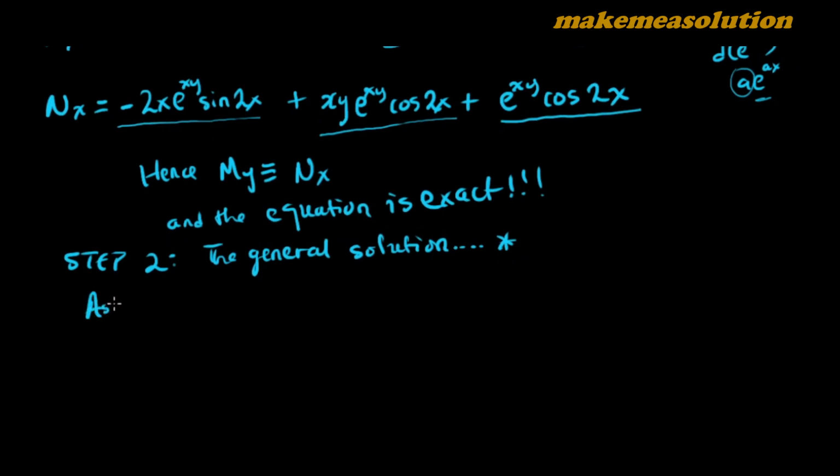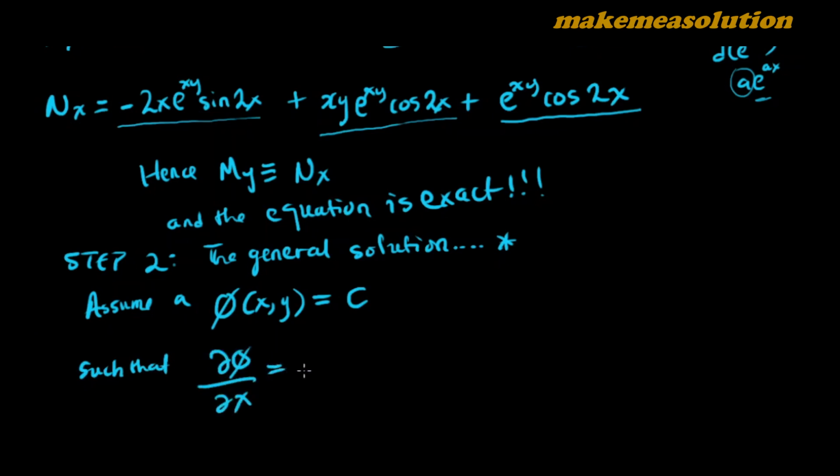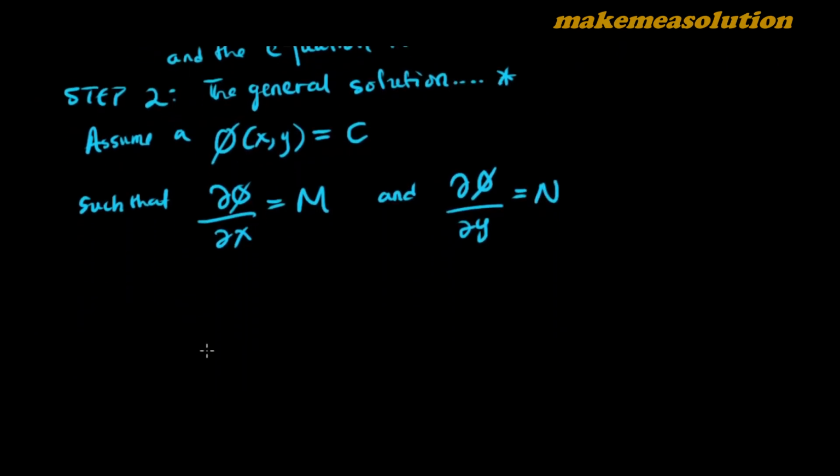So we're going to assume a phi of x comma y, a multivariable function, equal to an arbitrary constant, such that the partial derivative of phi with respect to x is the M that we have above, and the partial derivative of phi with respect to y is actually our N. Okay, so if we do it in this case, we can see that the partial derivative of phi is equal to M dx.